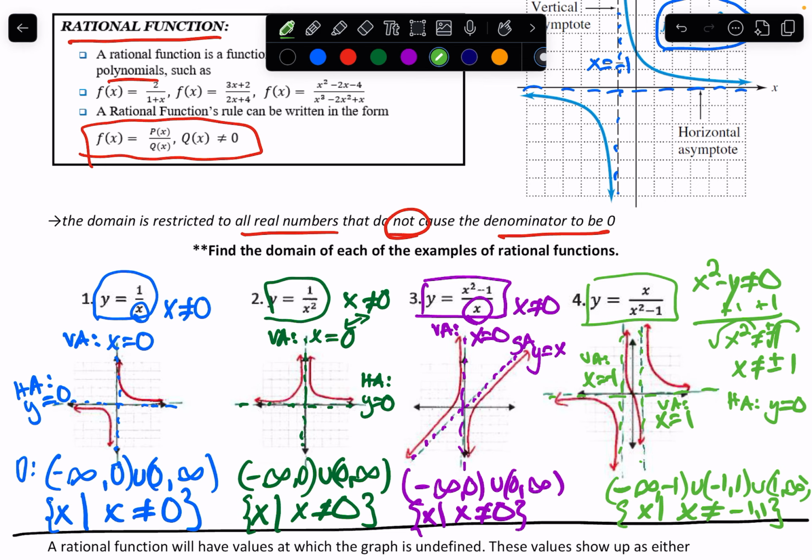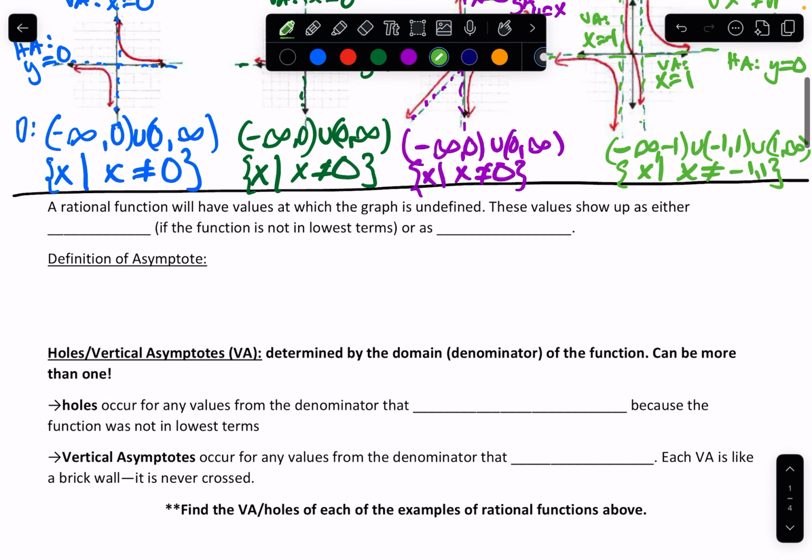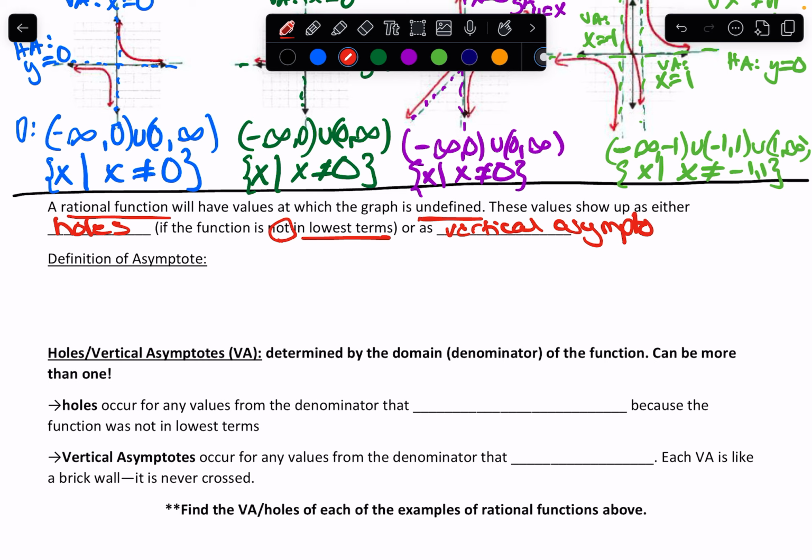Okay, so moving on, a rational function will have values at which the graph is undefined. So these values show up as either holes, if the function is not in its lowest terms, or as vertical asymptotes, VA.